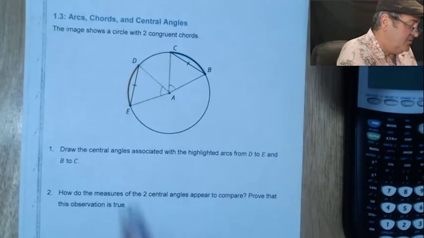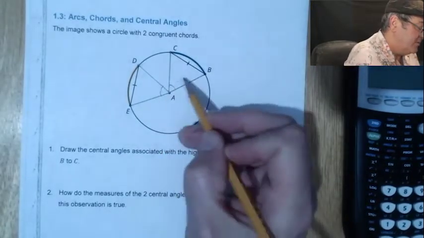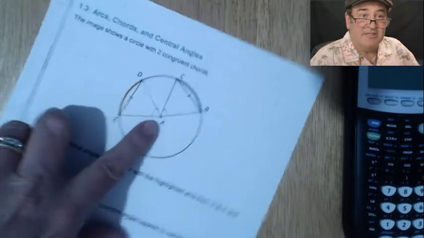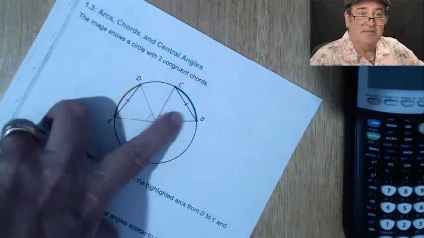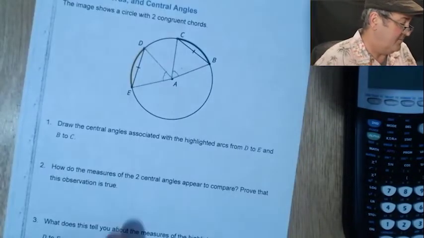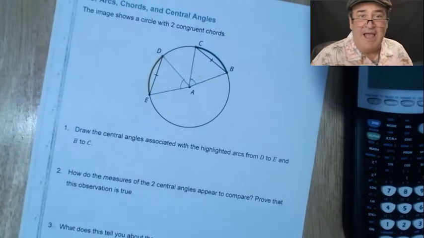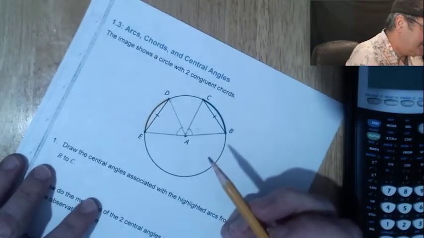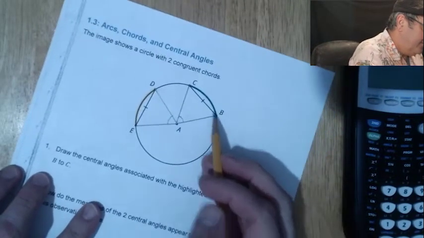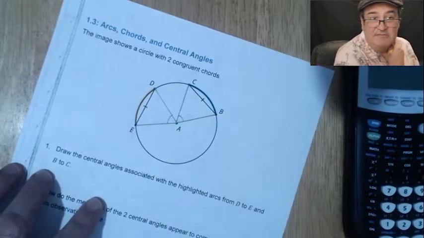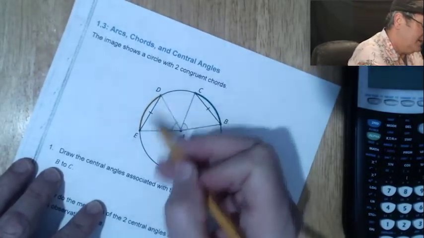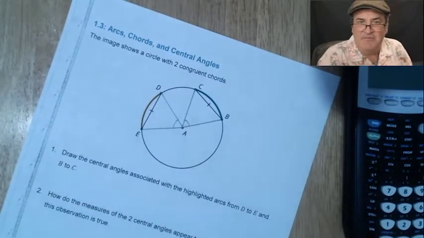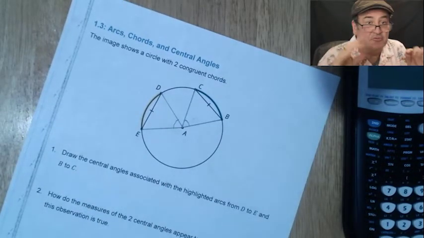So how do the measurements of these two central angles compare? Well, they look like they're the same size, don't they? So prove that's true. How would we know that's true? Well, let's see. This chord is the same length as this chord. So the measurement of that arc has to be the same in both of those, whatever it is.